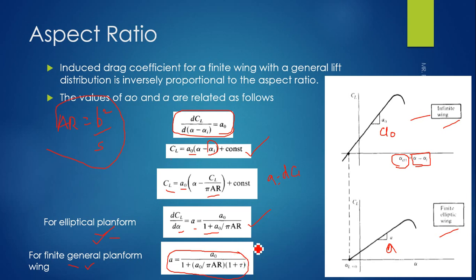No need of these values and all, only this value alone. The value of tau will be in the range between 0.05 to 0.25. What is tau here? One second, I will tell you.